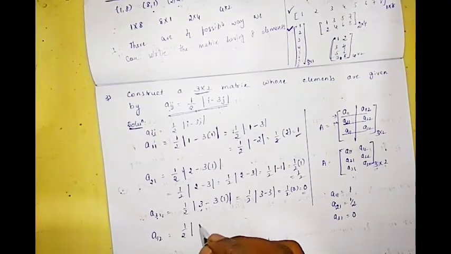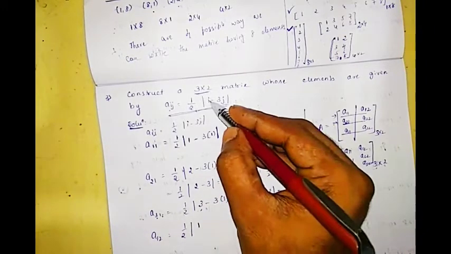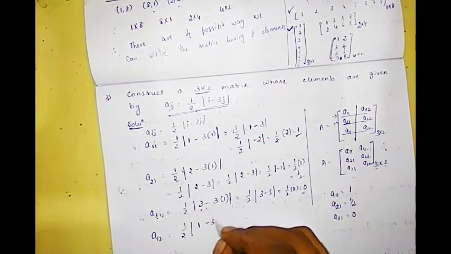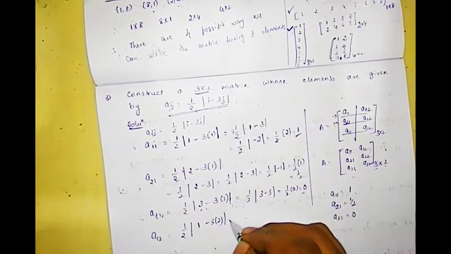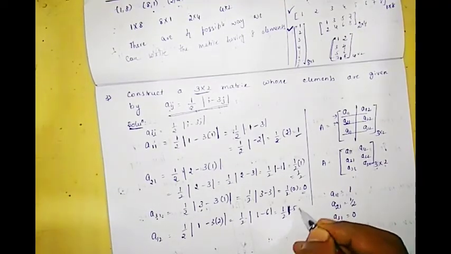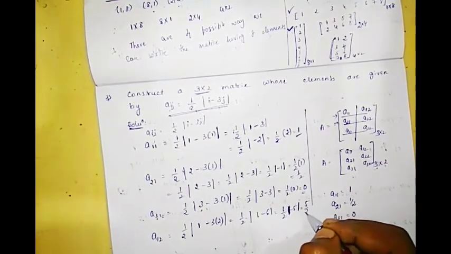Next we will find A12. 1 by 2 modulus of 1 minus 3 into 2, because I value is 1 here and J value is 2 here. 1 minus 6 is equal to 1 by 2 modulus of minus 5. Since it is a modulus function, it will give plus 5. The answer is 5 by 2.